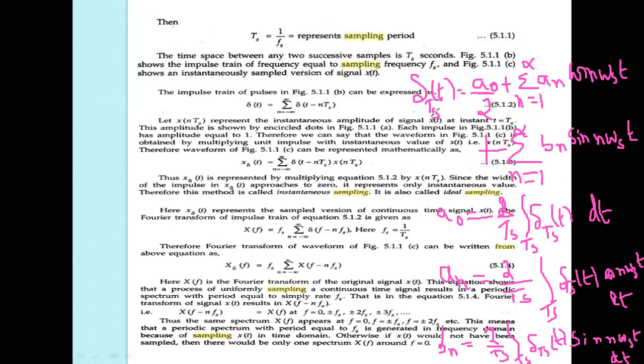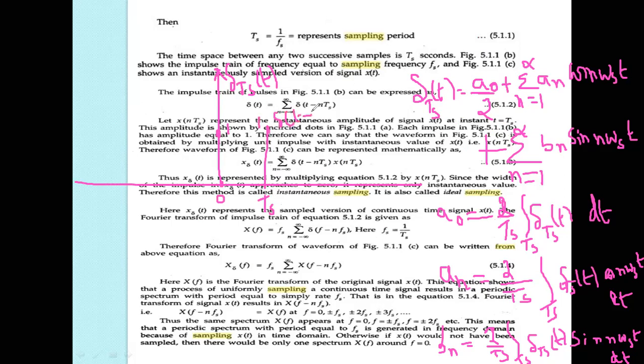Now, taking the delta Ts, what is the impulse train function? Delta Ts of t is 0 elsewhere. The value is 1 at t is equal to 0, and at t is equal to Ts the value is 1, but what is the function here?